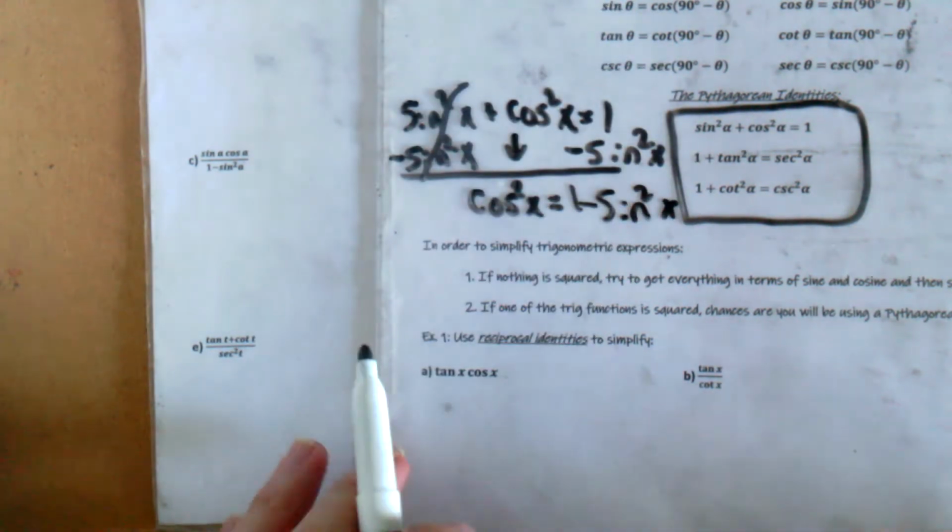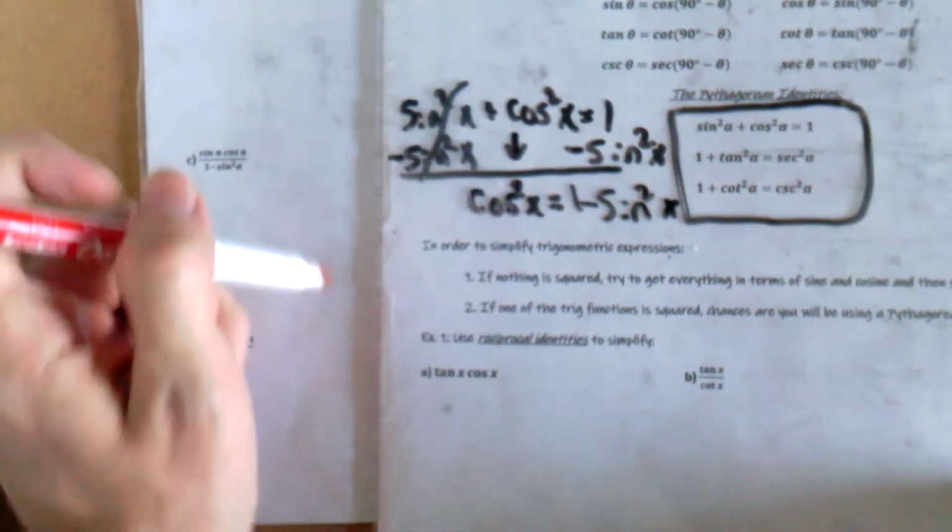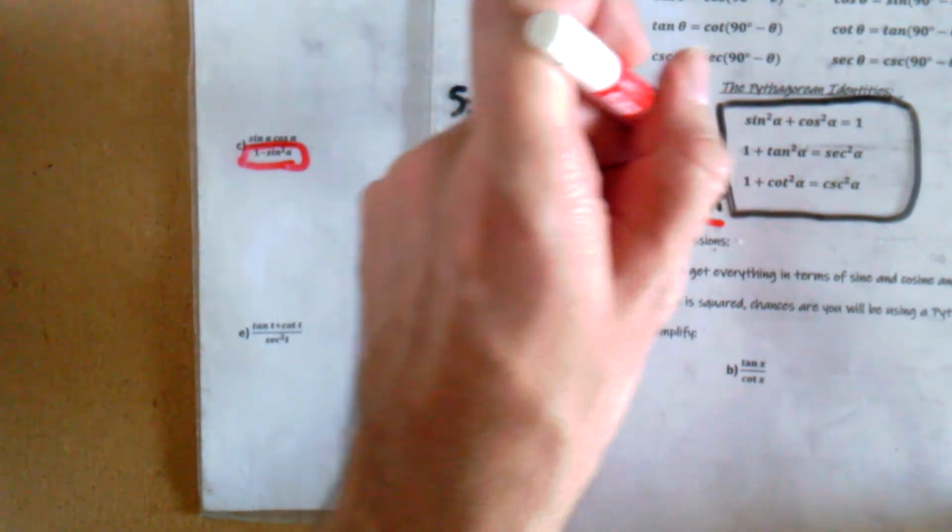So just like we saw in problem A, we can replace 1 minus sine squared with cosine squared, because 1 minus sine squared equals cosine squared. Let's rewrite our problem.